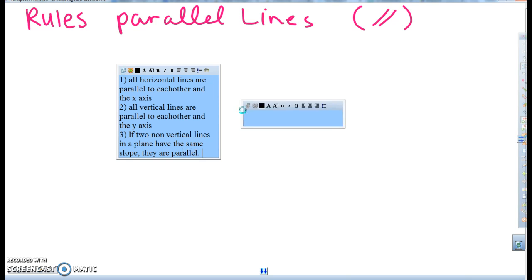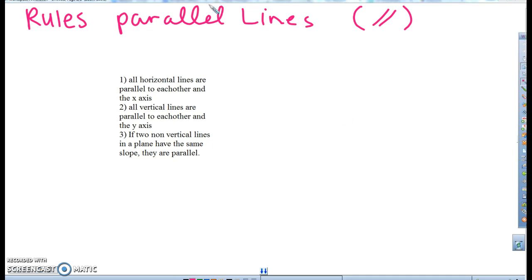And it does have to be non-vertical because remember, vertical lines have what kind of slope? Good, they have no slope. If I come to the edge of a cliff while I'm skiing, I should say no because that has no slope. So let's give examples of parallel lines. And remember, if they are parallel, they have to have the same slope, that same m value.